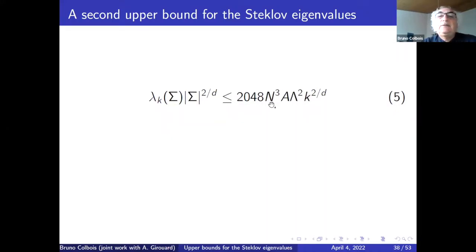And so if this number is bounded, there is a problem, because on any manifold of dimension higher or equal to 3, you can construct a metric with lambda 1 times the volume of Sigma arbitrarily large. And so this is impossible if these numbers stay bounded. So you have to take into account this number in the inequality.